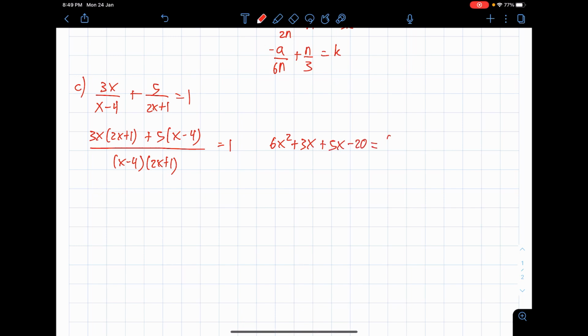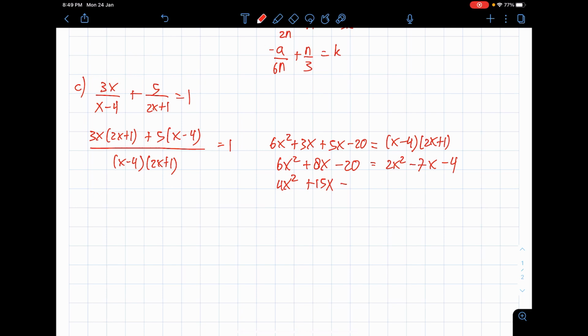I cross multiply the number here. Simplify everything here and also expand. I'll get 2x squared minus 7x minus 4. I skip a little bit of the method to make it shorter. Yes, like this. Put them together on the same side. So you have 4x squared plus 15x minus 20 plus 4, so it will be minus 16. Now I'm going to use the quadratic formula.